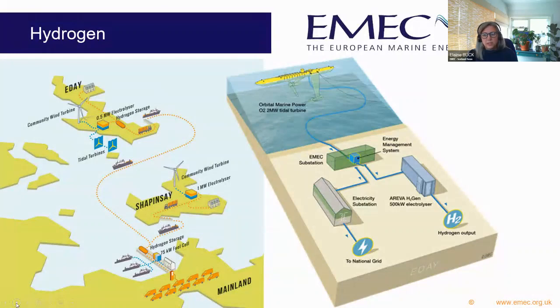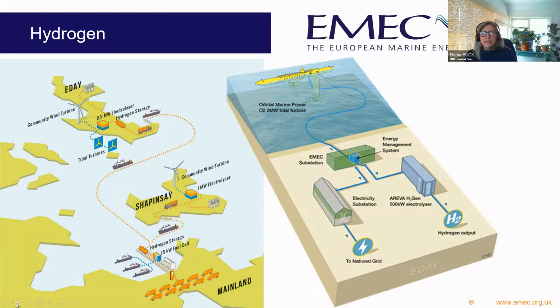Both these pictograms depict the project and the use of onshore wind and tidal generation that was integrated into our energy system. If you can see on the left-hand side, it's quite hard maybe to see, but we have tidal generation as well as an onshore wind turbine on Eday, and this is connected into EMEC's substation, where the electricity is either exported to the national grid or used to power a 500 kilowatt electrolyser that produces hydrogen.